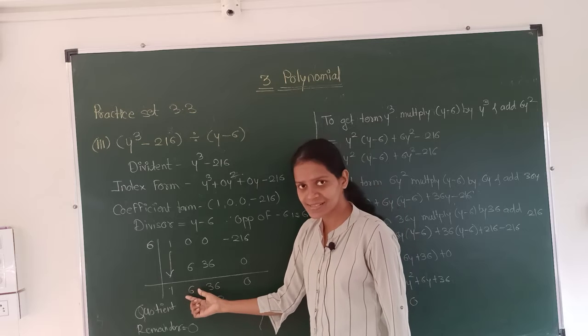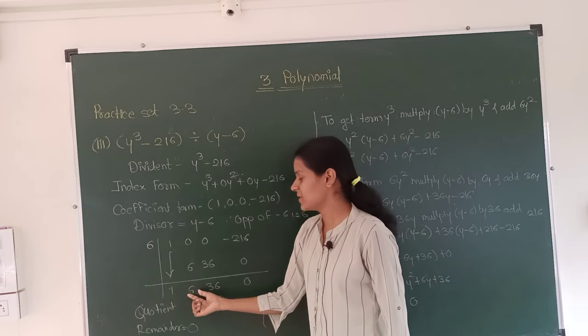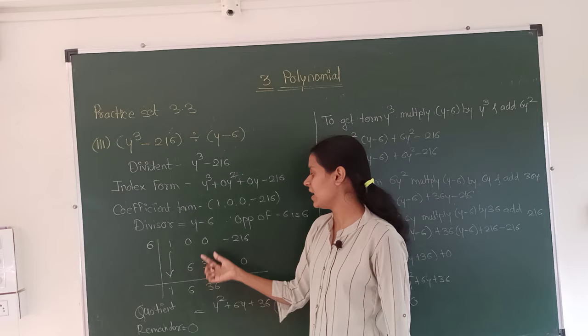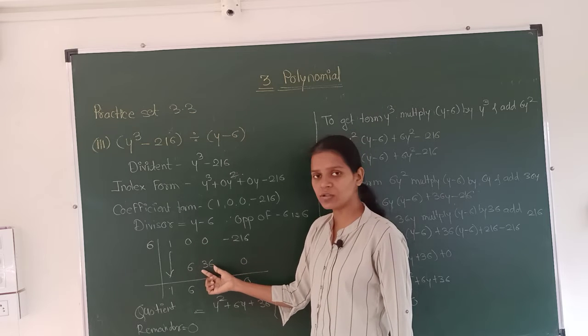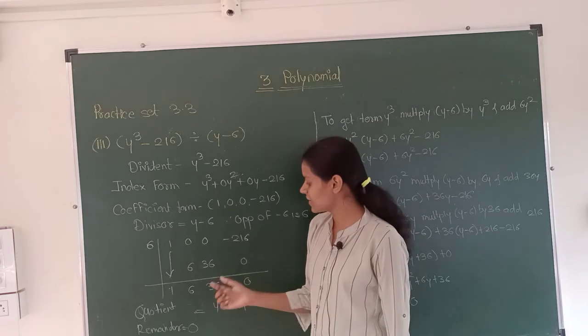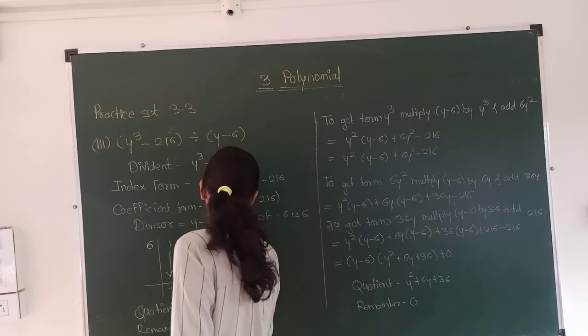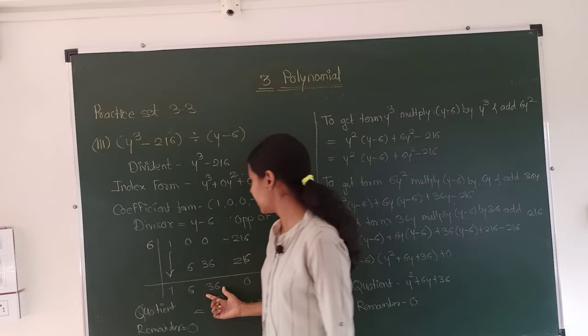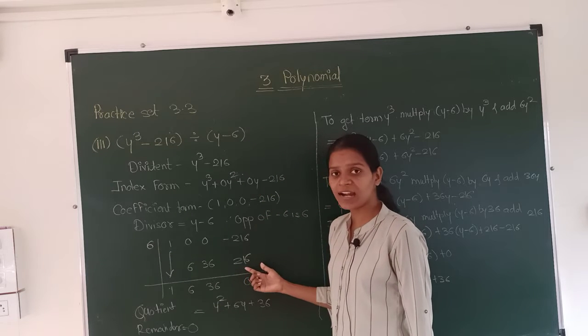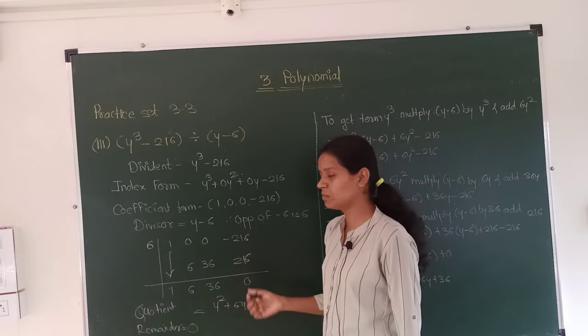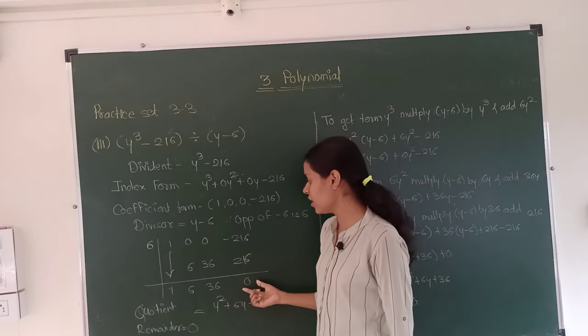Now this 6 into this 6 is 36. We will write it in the second row, just below this 0. So 0 plus 36 is again 36. Now this 36 into 6 is 216, and minus 216 plus 216, the answer is 0.